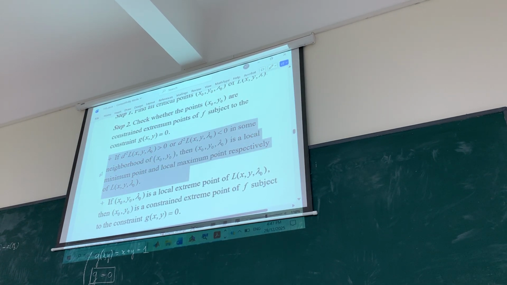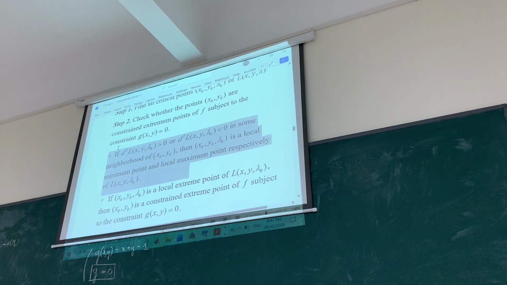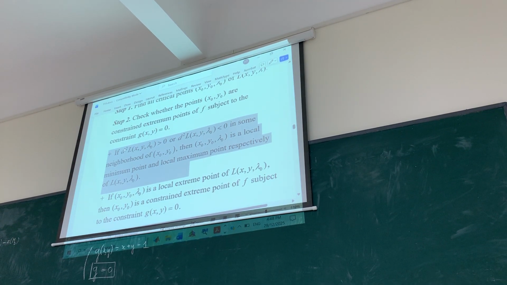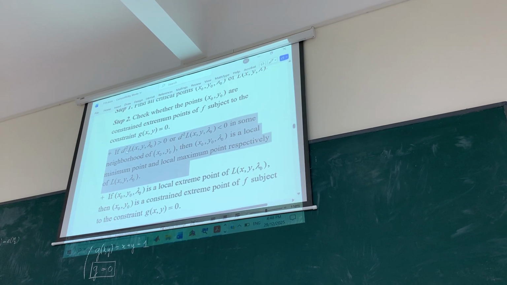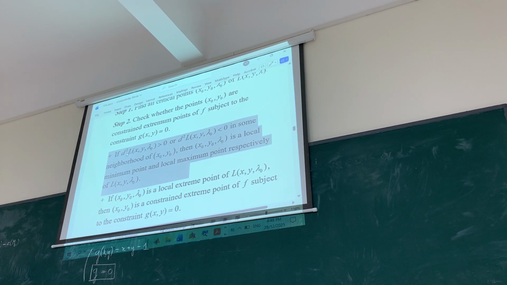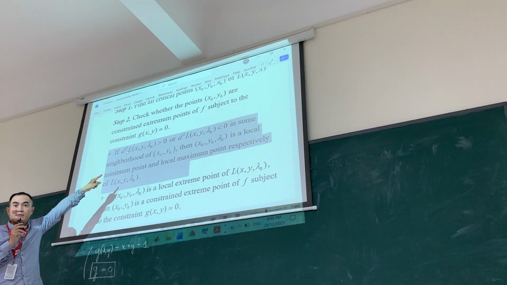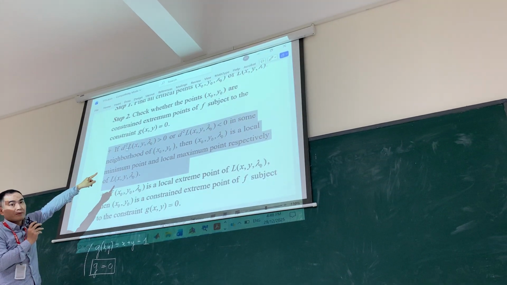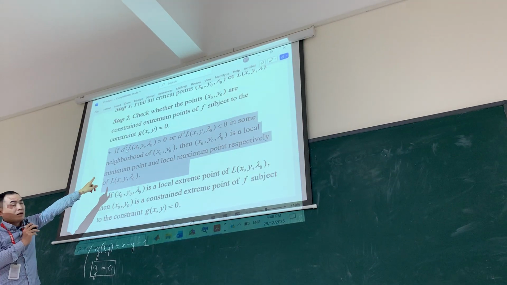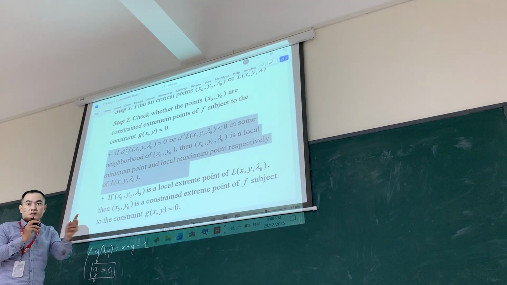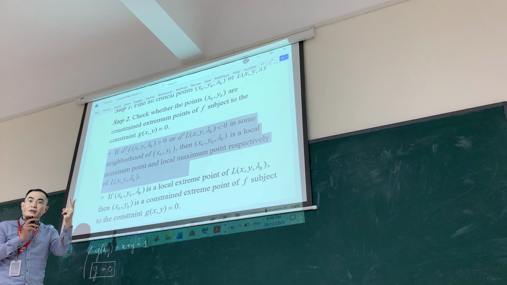Here we use the second order total differential d2L. Now you can see here we fix lambda 0. When we fix lambda 0, the Lagrange function becomes a function of 2 variables x, y.